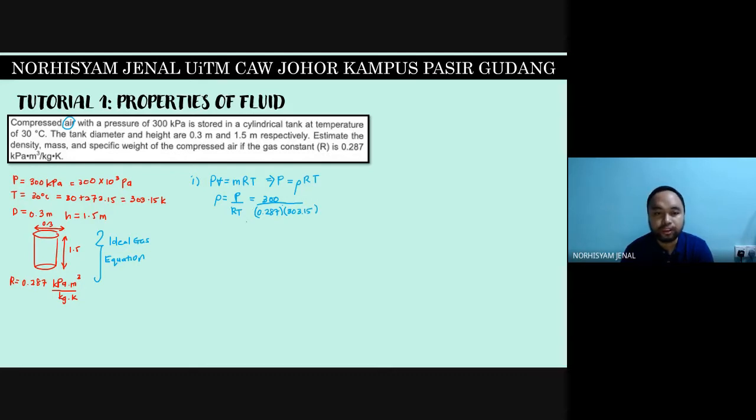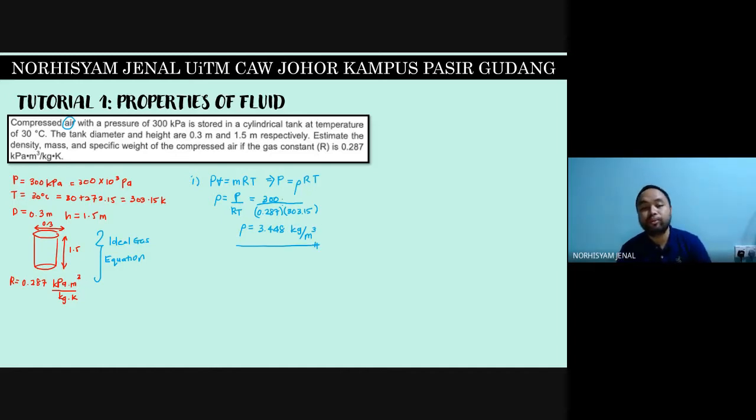So the density should equal 3.448 kg per meter cube. So we solve for the first question.